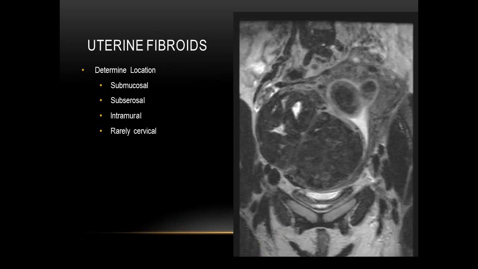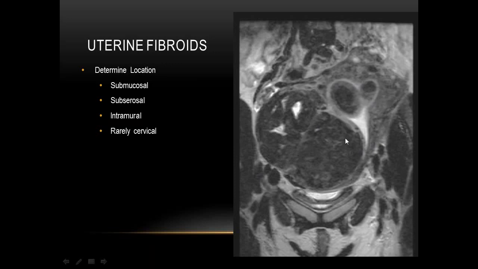Uterine fibroids have 3 standard locations, and rarely they may be cervical. So they are submucosal, projecting either into or adjacent to the endometrial cavity, subserosal, protruding outside of the uterus, or intramural, surrounded by myometrium.